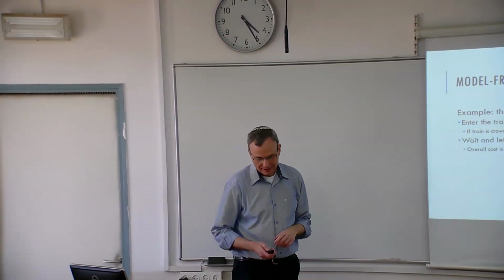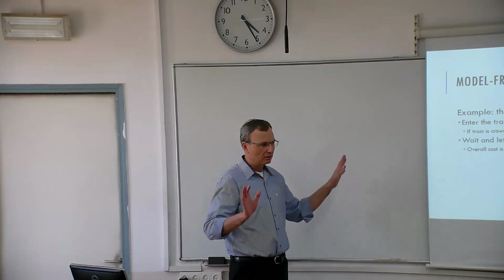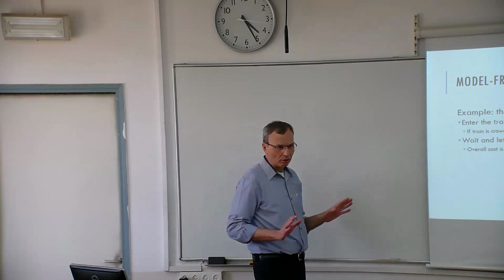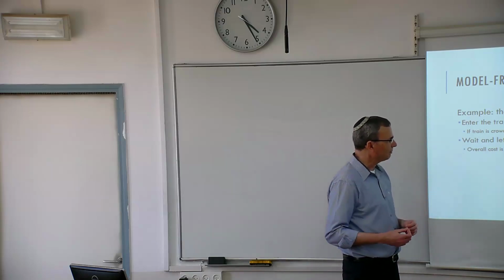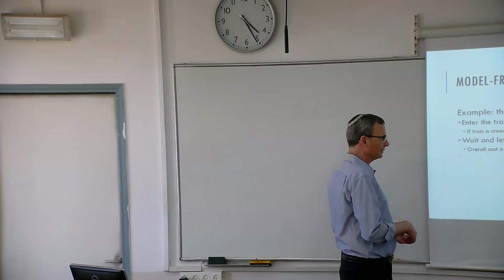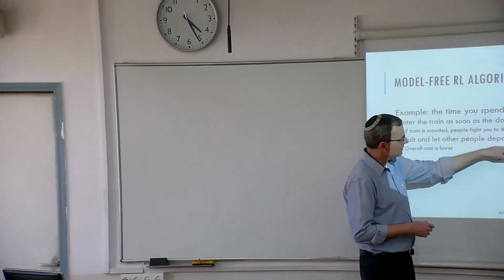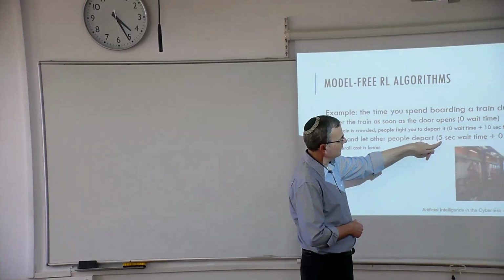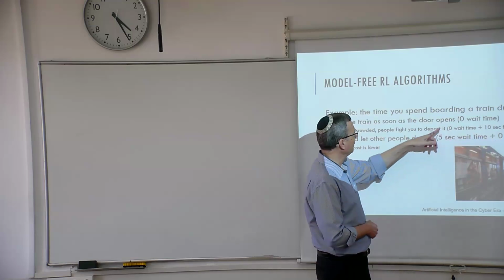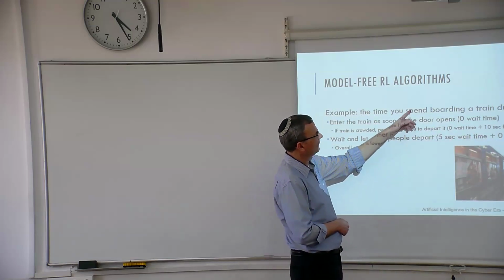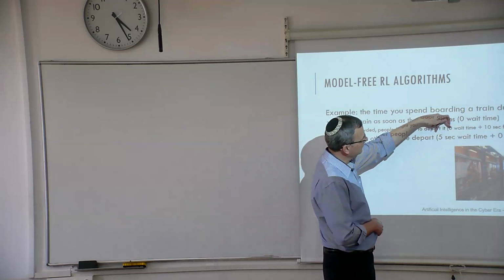Another way to go is have a policy. I don't look if the train is crowded or not. My policy is always wait, let other people depart, and then board. So always I'm going to have 5 seconds waiting and then fighting time. Okay? So if I'm going to have this value and the train is not crowded, then this one will win.